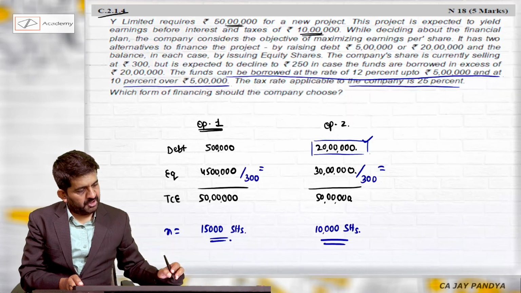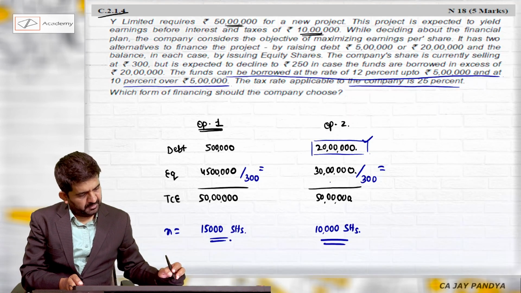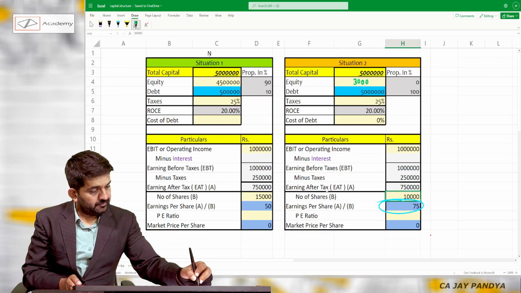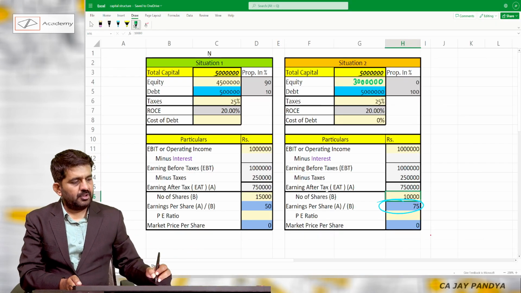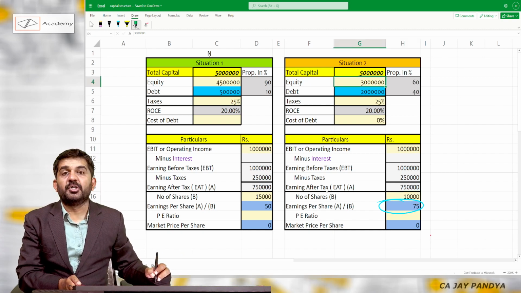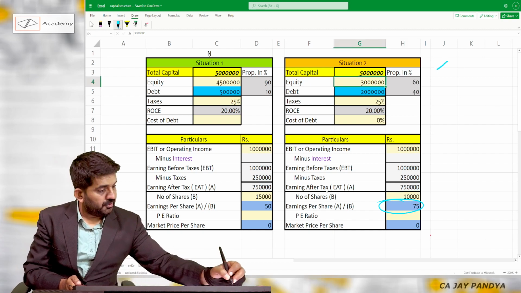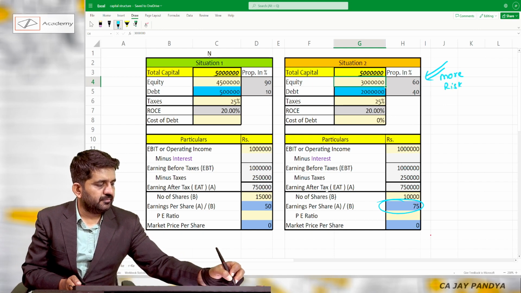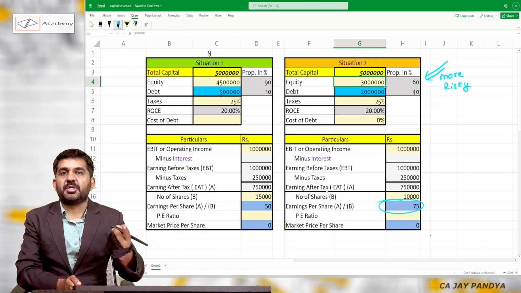In situation number 2, equity proportion will be 30 lakhs. So of course, situation number 2 is more risky. This particular situation is more risky because there is more debt as compared to situation number 1.